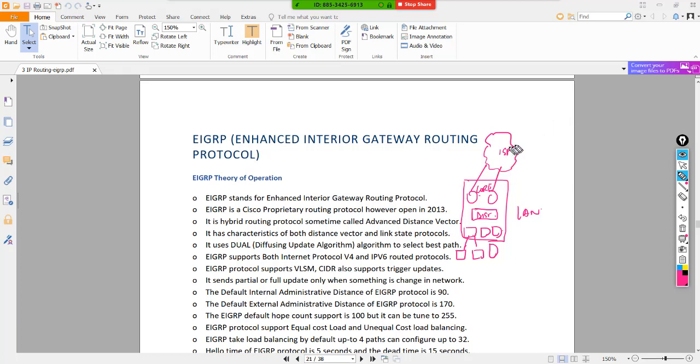So your packet will travel across the ISP, from one ISP to the second ISP, the third ISP, and then finally it will reach the destination.